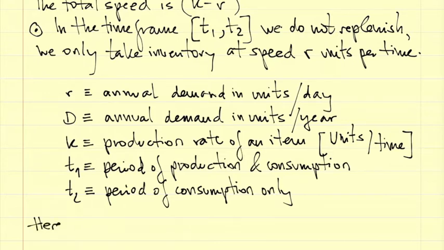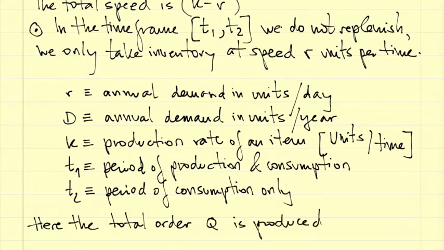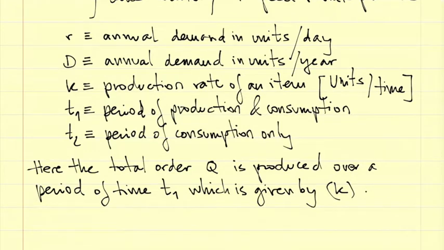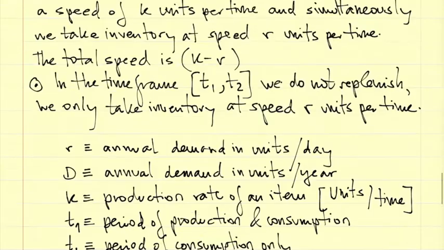Here, the total order Q is produced over a period of time T1, which is given by the production rate K. The average inventory level, well, Q, of course, Q is this, okay?